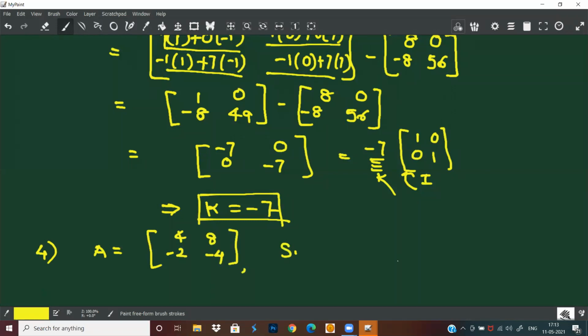A square is a null matrix. You know? हो गया?